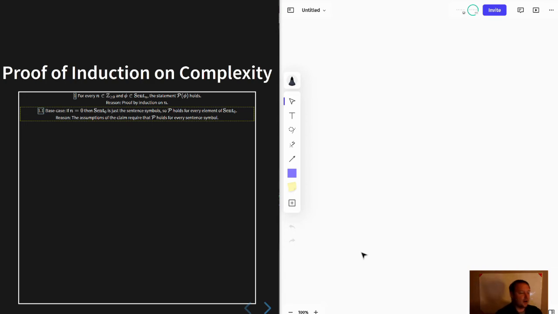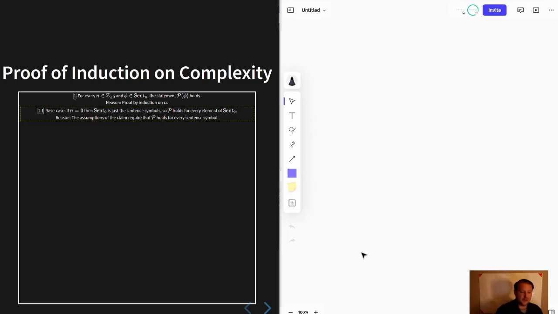Anyway, this proof is by regular induction, though. So we're going to address the base case, which of course is n equal to 0, and that means that we are trying to prove that the property P holds for every sentence in sent 0.